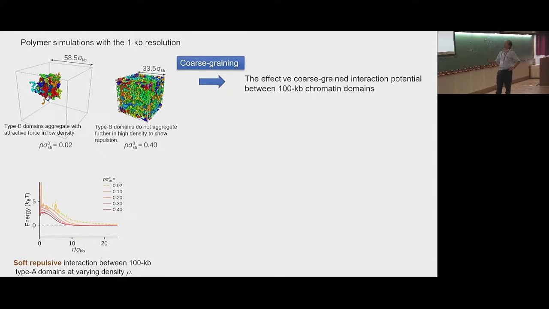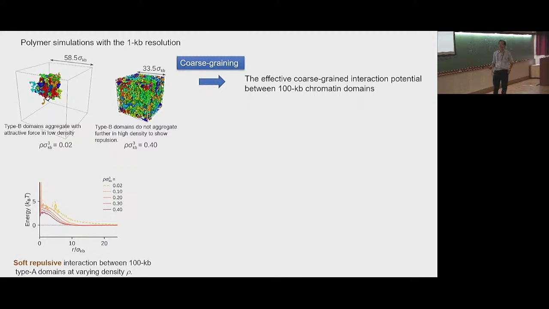a coarse-grained interaction potential between 100 kilobase scale chromatin domains. So starting from the results of the 1 kilobase resolution polymer model, from this result we derived coarse-grained potentials by calculating the potential of mean force, in a sense. So this is the result for the type A domains.